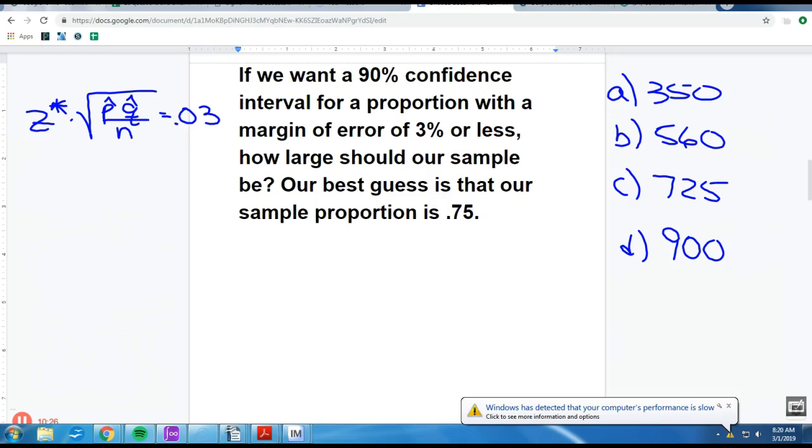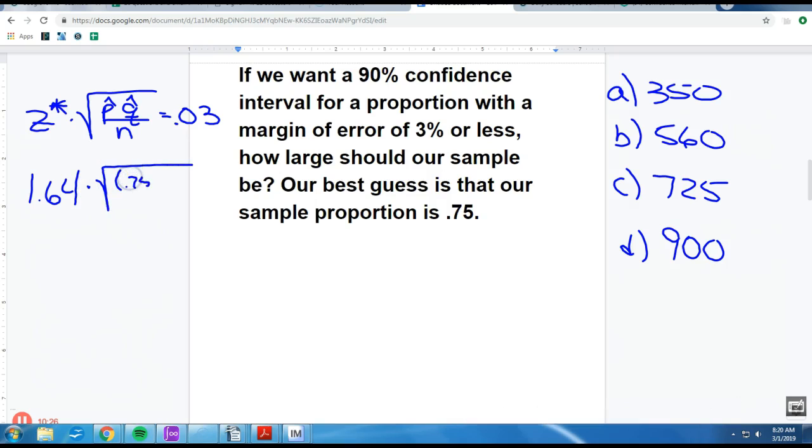So Z star, I'm doing inverse norm 1.9 divided by 2, and these are 1.64, right? Yeah. Okay. What is P hat? 0.75. What is Q hat? 0.25 over N, and then equals 0.03. So then I'm going to multiply, I think that's 0.1875, right?